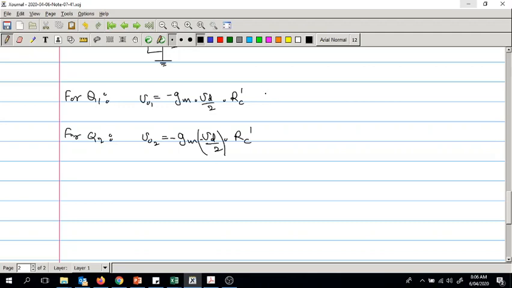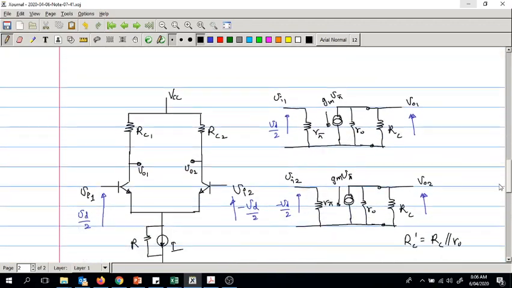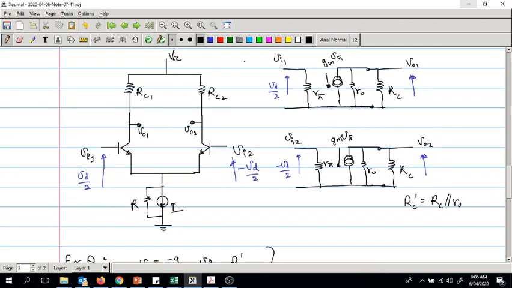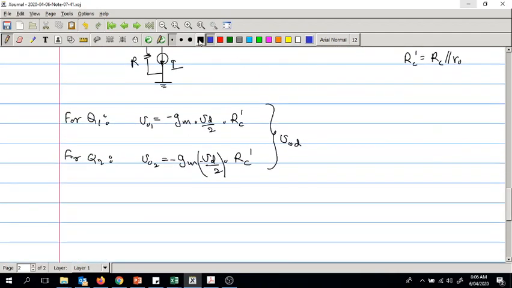So if you combine these two together to get V out differential, V out differential is from this circuit. Okay, here V out differential is this, right? So V out differential is V out 1 minus V out 2.